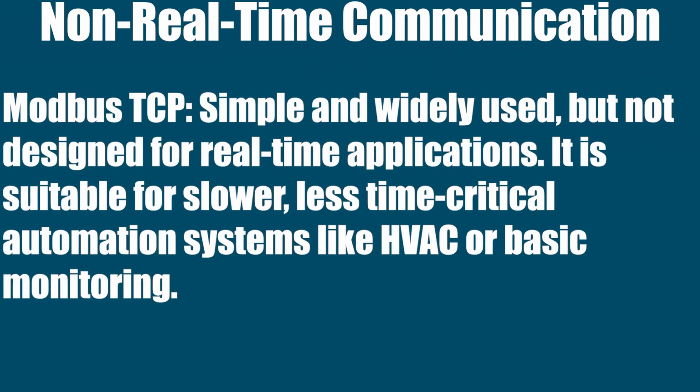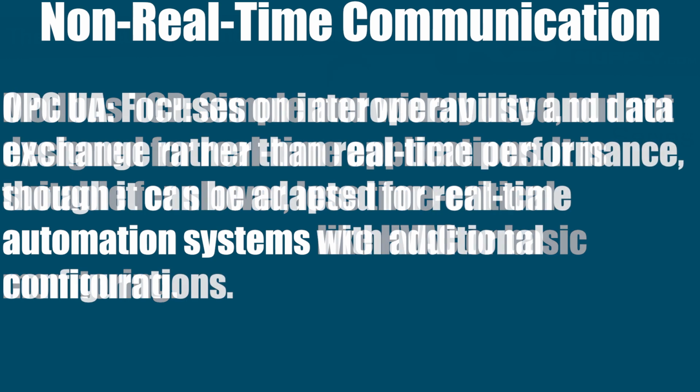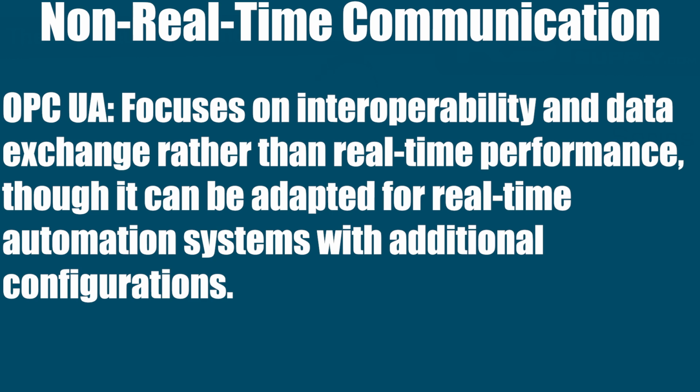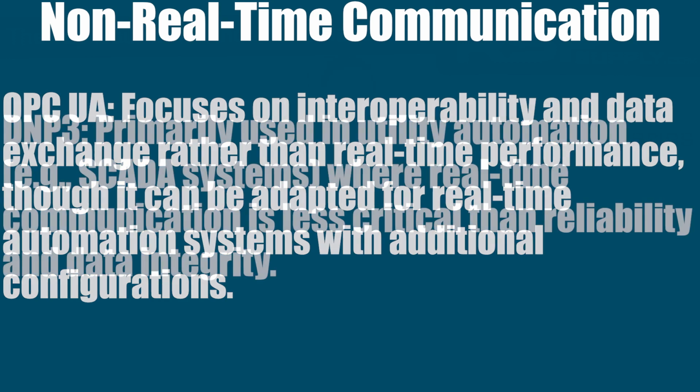Now let's discuss some of the non-real-time communication protocols for automation. That's where we get into Modbus TCP. It's simpler and widely used, but not designed for real-time or deterministic applications. It's suitable for slower, less time-critical automation systems like HVAC or basic monitoring, think of something like water or oil. OPC UA focuses on interoperability and data exchange rather than real-time performance, although it can be adapted for real-time automation systems with additional configurations.